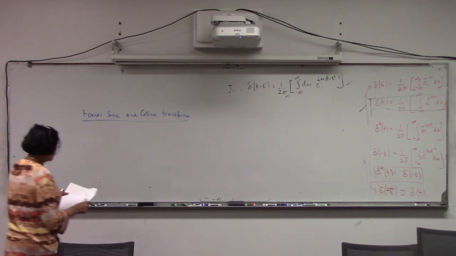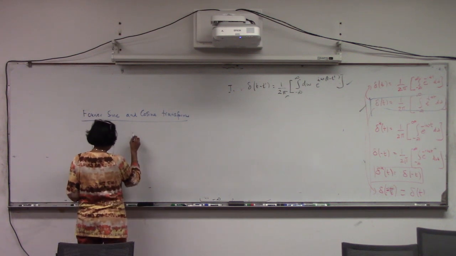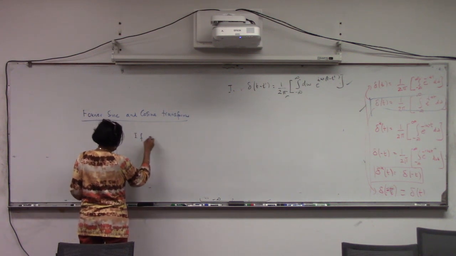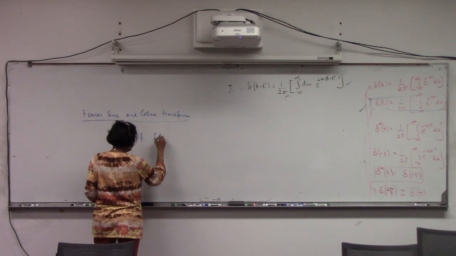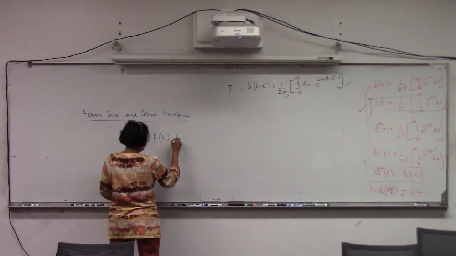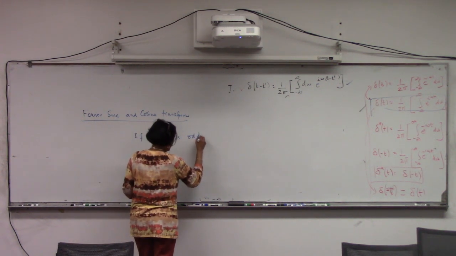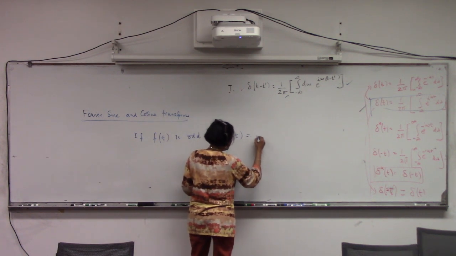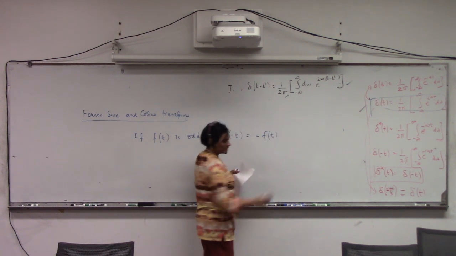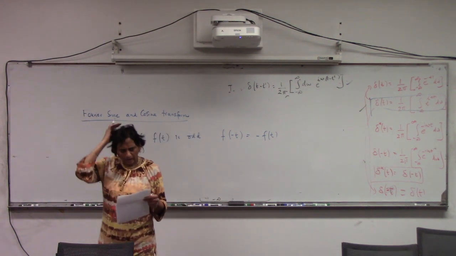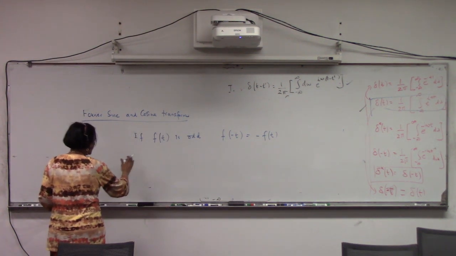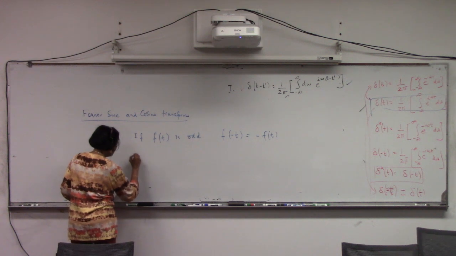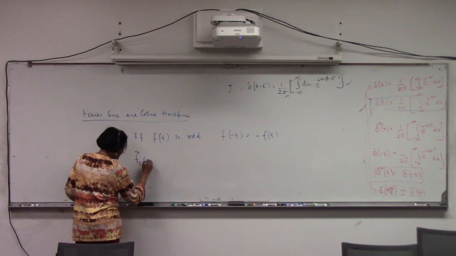So if a function is odd, then we know f of minus t is the negative of f of t. In this case, one can define a Fourier sine transform.